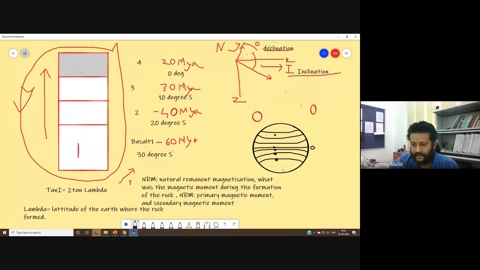Okay. So by this paleomagnetic analysis, I get the paleolatitude of this column of rocks, and that provides me direct evidence of continental drift.